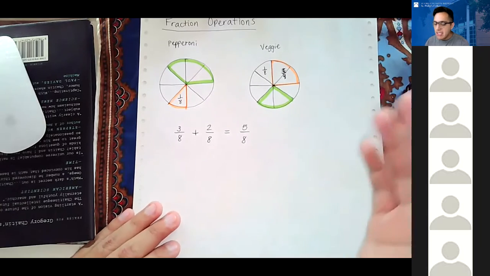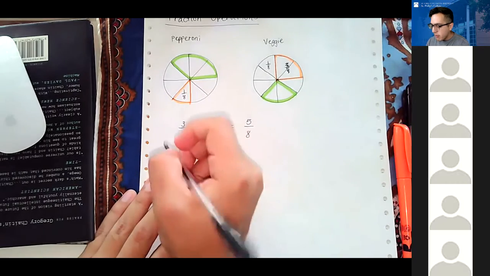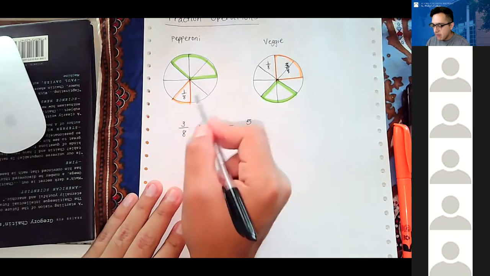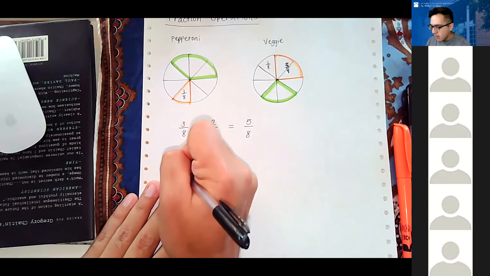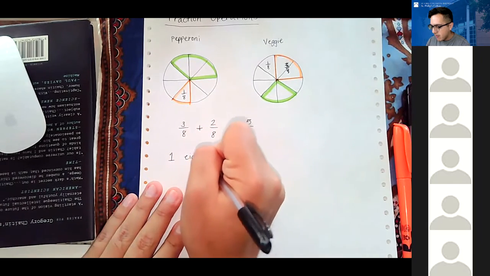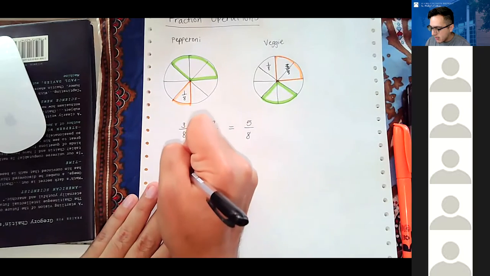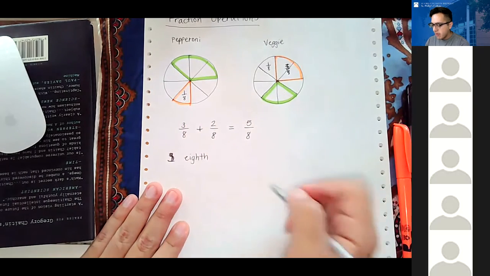Another way of thinking about this, and I like to talk about math as though it's learning a foreign language, we can think of this as a linguistic approach. For this pizza, I'm sorry, we had 3/8 of that pizza, right?